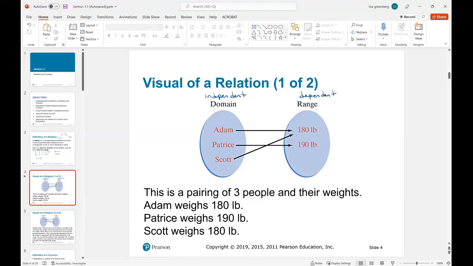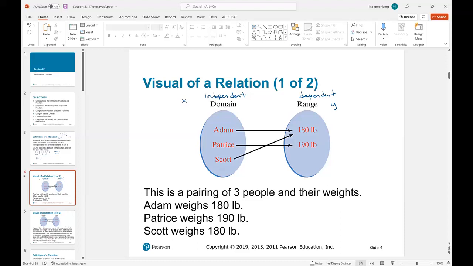And of course, also X and Y. So if I look at this picture, I can see Adam, and I follow the arrow, weighs 180 pounds. Patrice weighs 190 pounds, and Scott weighs 180 pounds. So this is just a visual representation of a relation.